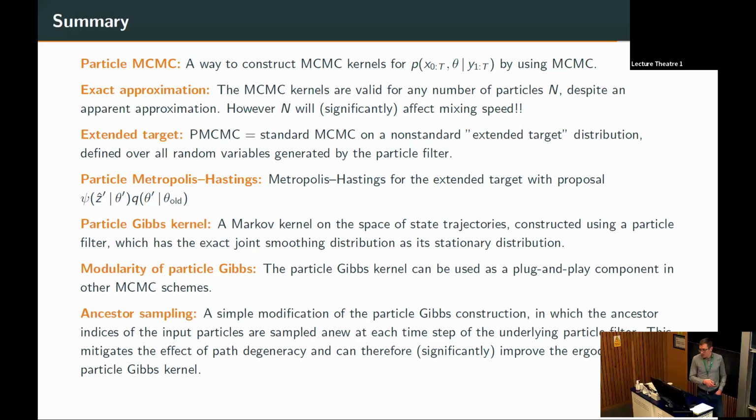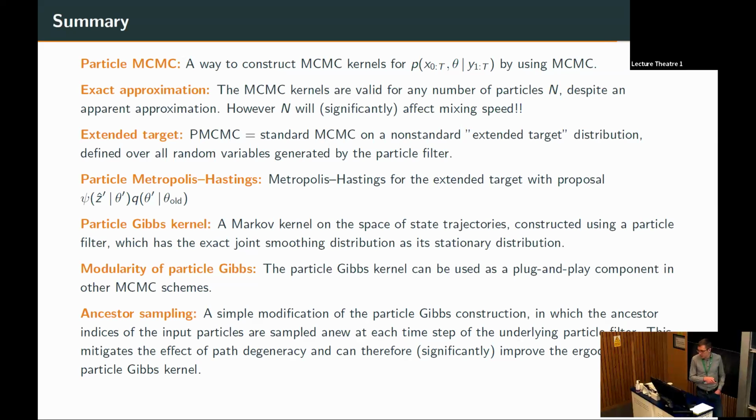In particle Metropolis Hastings, we use a Metropolis Hastings algorithm for the extended target, and we have this MH proposal, which has a particular factorized form. That was needed in order to get the cancellation of these intractable psi terms.